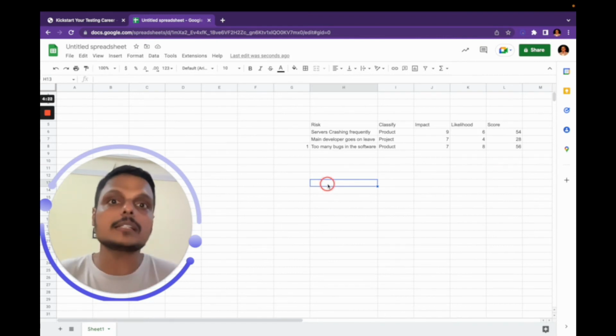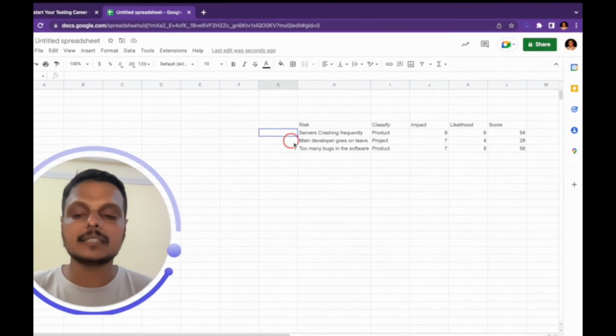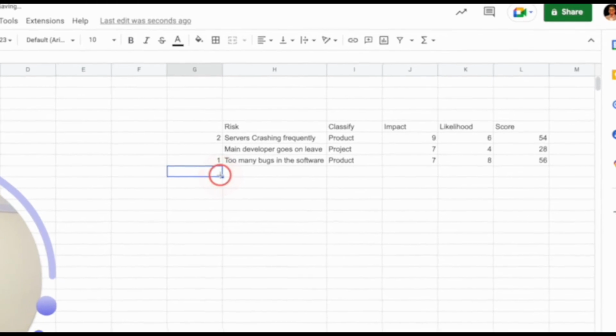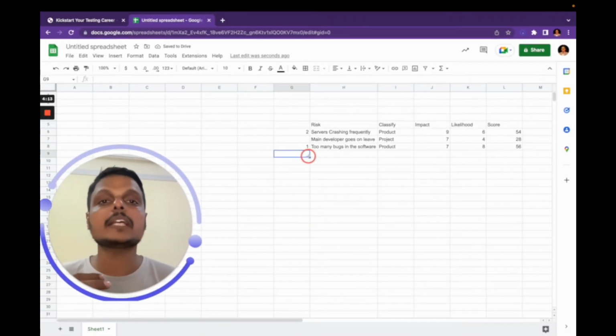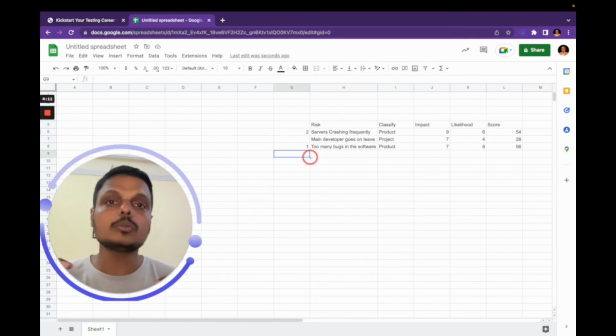The next risk that we look at is the servers crashing. We are looking at a very high likelihood and a very high impact of servers crashing. We cannot afford to keep that kind of a risk open, we need to close in on this risk. We need to discuss with the team and make sure that this risk is thwarted out of the system or mitigated so that we are not in a problematic situation.